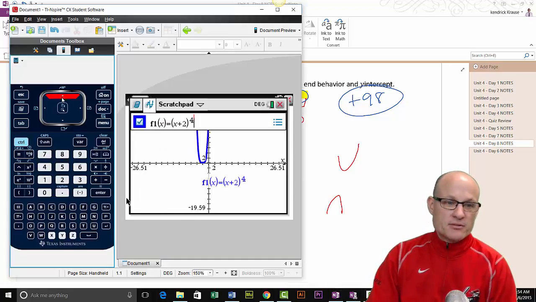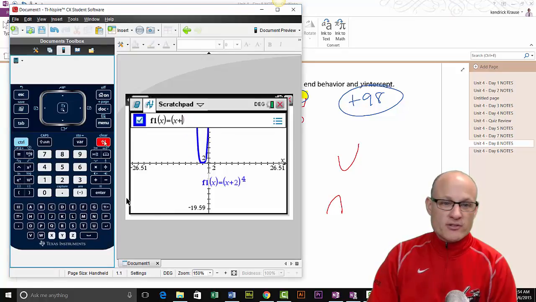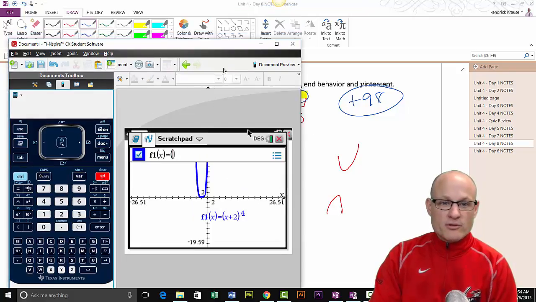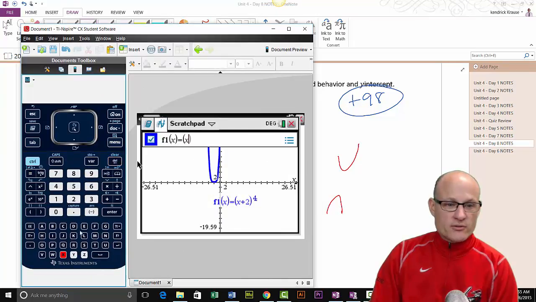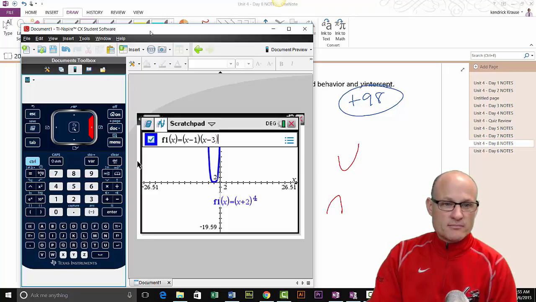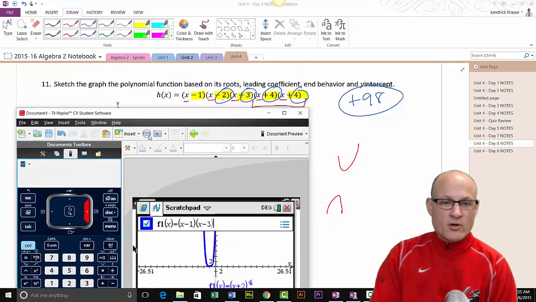So hit Tab. Go delete this. So this is going to be a pain in the neck to write. So it's x. I can't really see. I don't remember what it was. Minus 1, minus 2, 3, and 4, 4. So x minus 1, x minus 3, right? And then 4, 4. Oh, I forgot the minus 2.